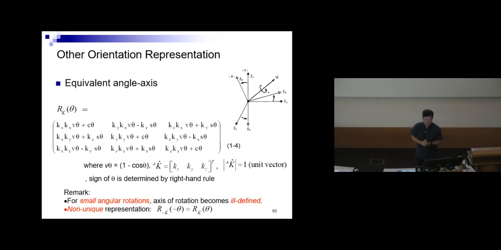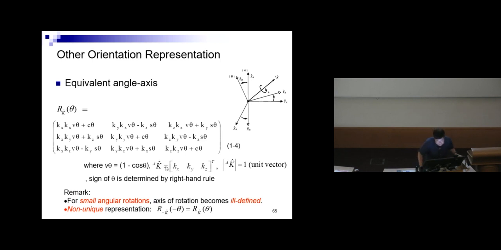We are not going to derive the equivalent angle axis. The matrix will be given in this manner: R of k hat, theta. You rotate along this axis by angle theta, and you end up with the matrix given here. Here v theta is equal to 1 minus cosine theta.